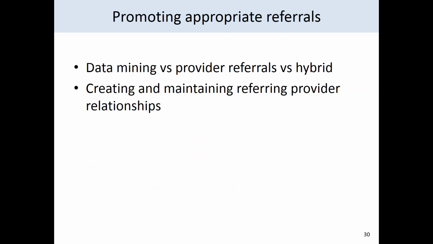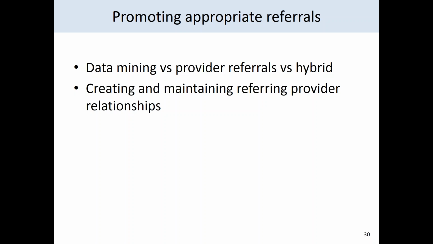Promoting appropriate referrals. We've talked about this a little bit, and there's a range of strategies from the health plan mining data to identify patients based on utilization patterns or diagnosis or indicators of advanced disease. There's a strategy of identifying appropriate patients by having referring providers, just telling them about the program, the eligibility criteria, and having them make the referrals, and then a hybrid approach.